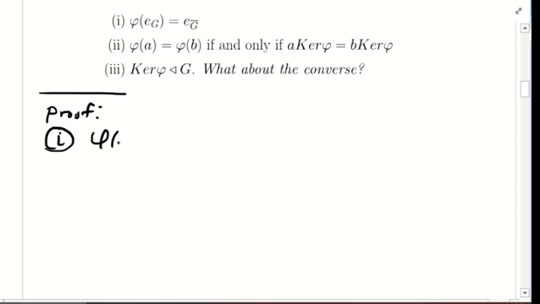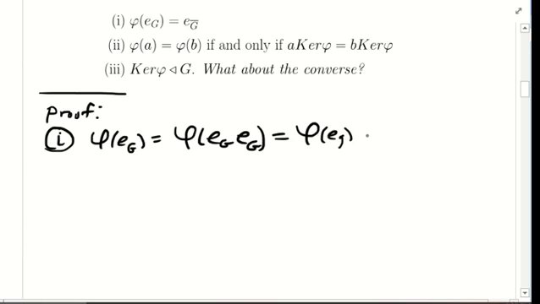So phi of the identity in G, well, the identity times the identity is the identity, and this means that this is... why do we keep using lowercase g's?